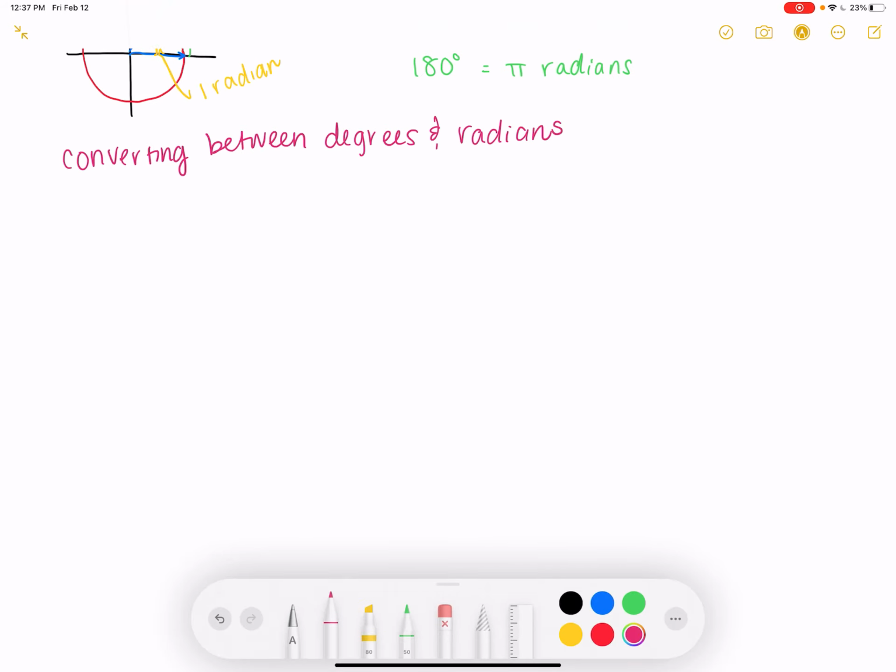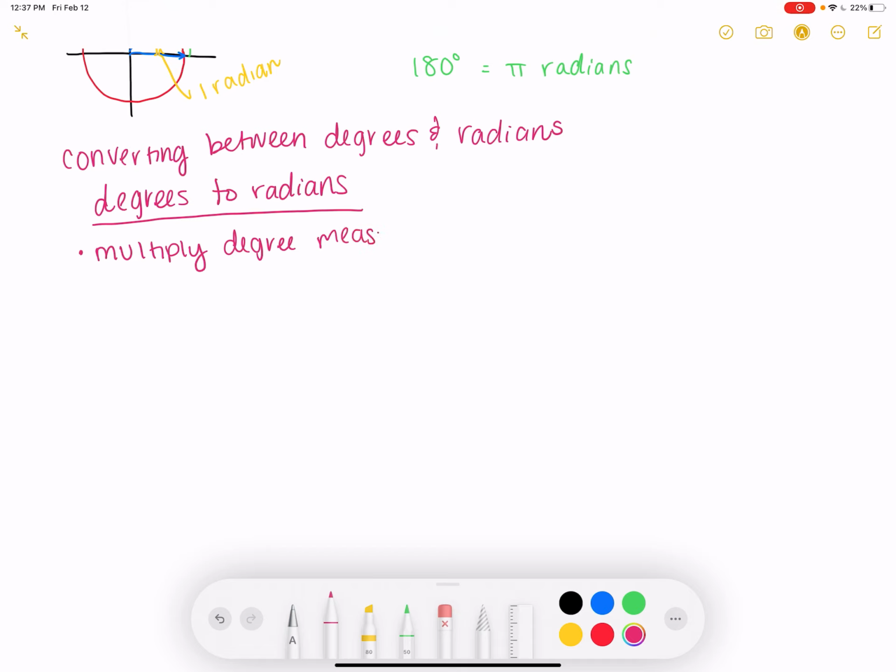If we are to go degrees to radians, so if you're given degrees and you want radians, we multiply degree measure by pi radians over 180 degrees.